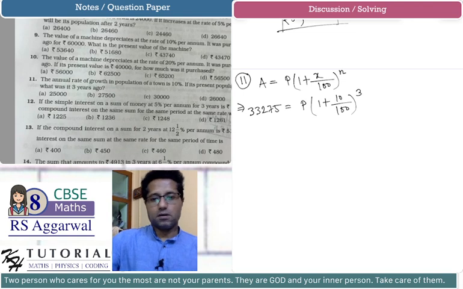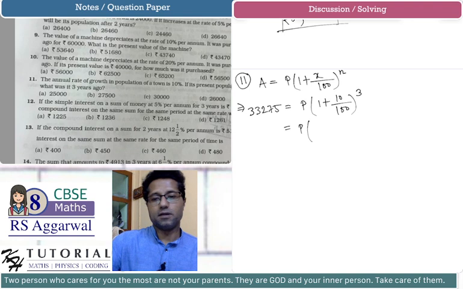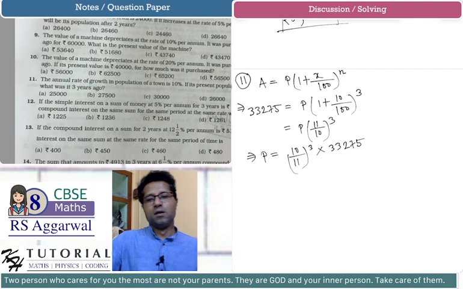So this is equal to P multiplied by (1 plus 1 by 10), which is (11 by 10) cube. If we solve for P, it will be 10 cube by 11 cube multiplied by 33275.